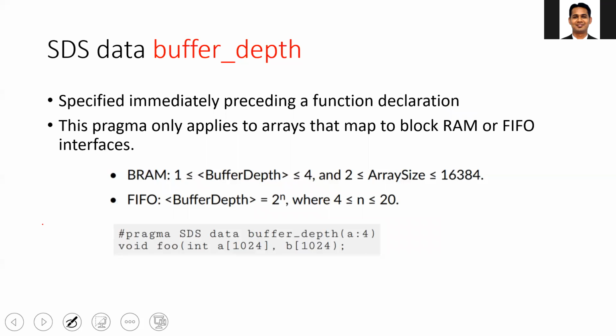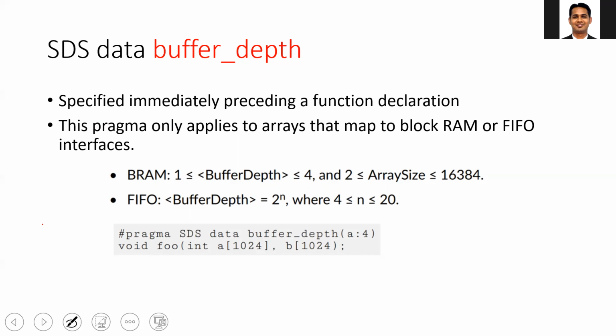Okay, so here you can see that I have the function foo, where my input a is a vector of 1024 elements, and the output b, which we can assume, is again a vector of size 1024. And here what I am telling it is that I want to have the buffer for a, and the depth of the buffer is 4.